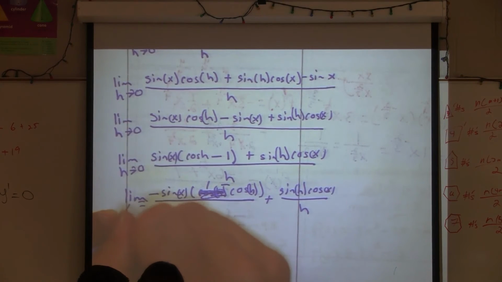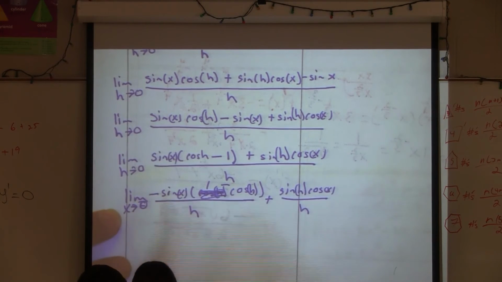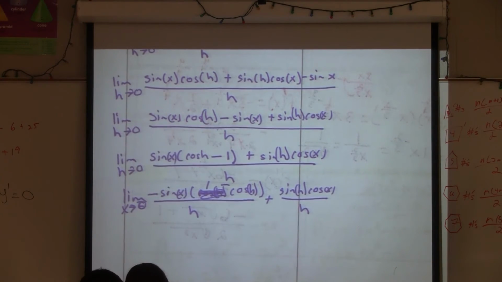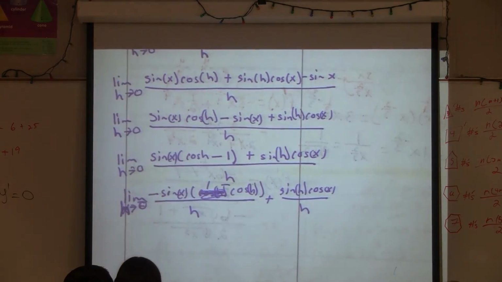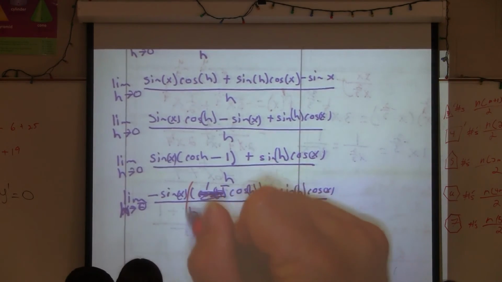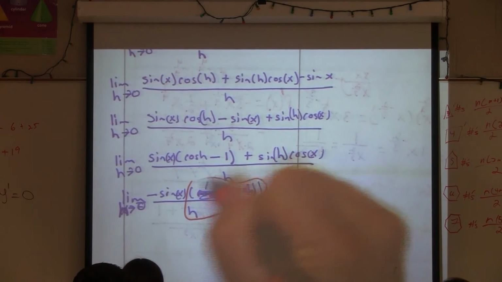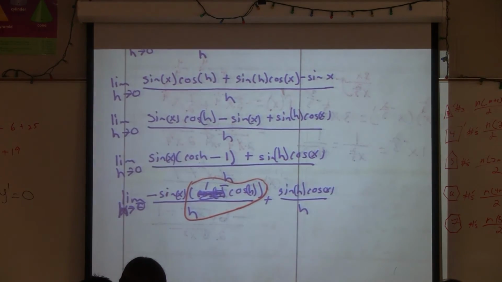The limit as h approaches 0? Or did I lose you by splitting it up right there? Okay, so now as h approaches 0, we think about the limit right here. What would this particular part give me?